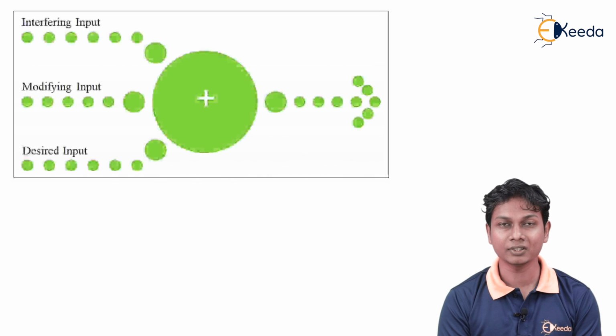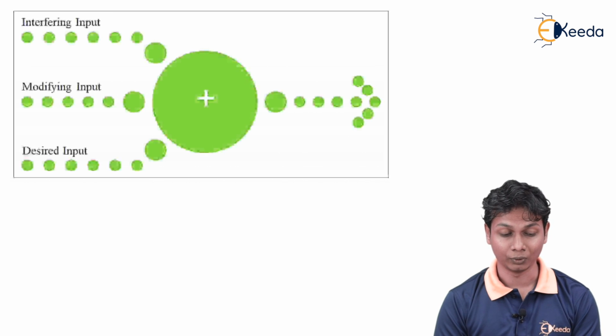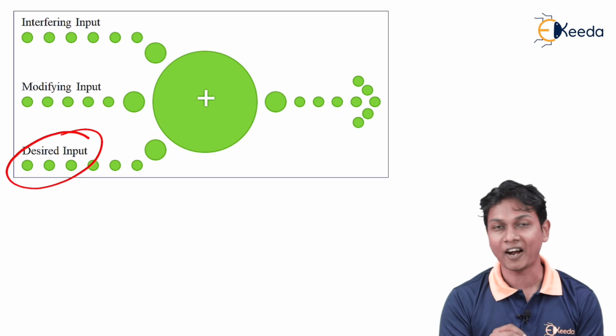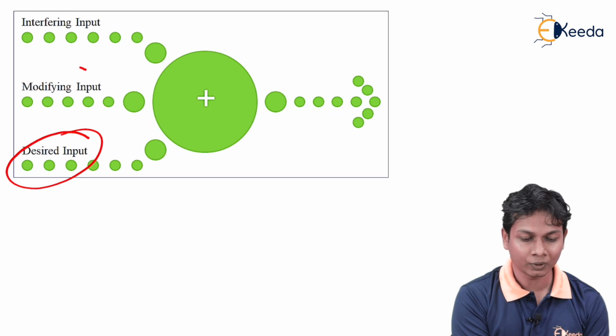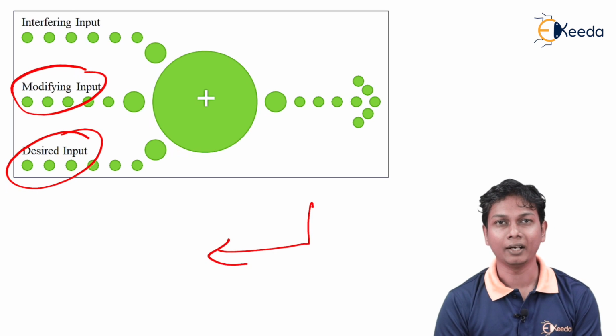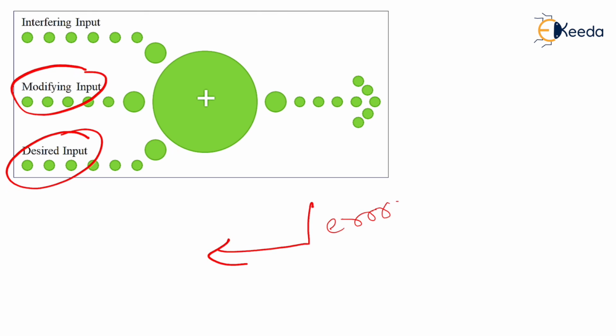Let me explain in detail the various inputs. The desired input is the predefined parameters. The modifying input comes from the feedback side, and it also depends upon the errors.